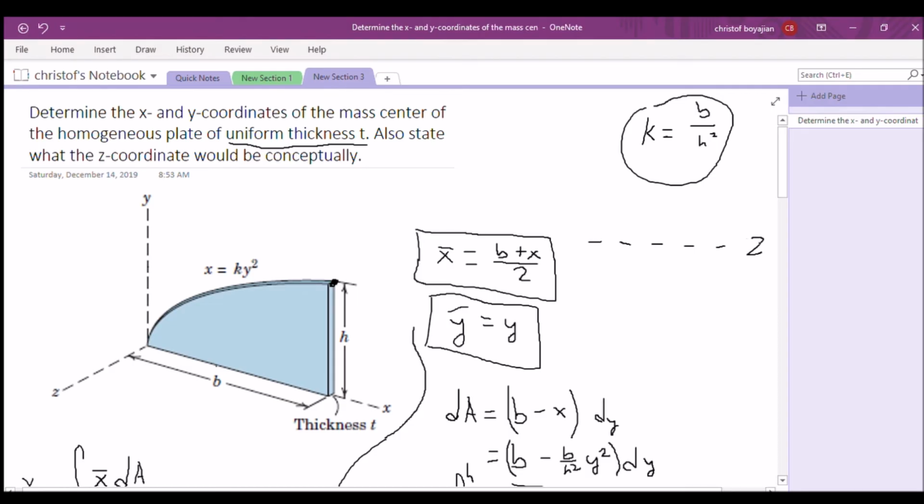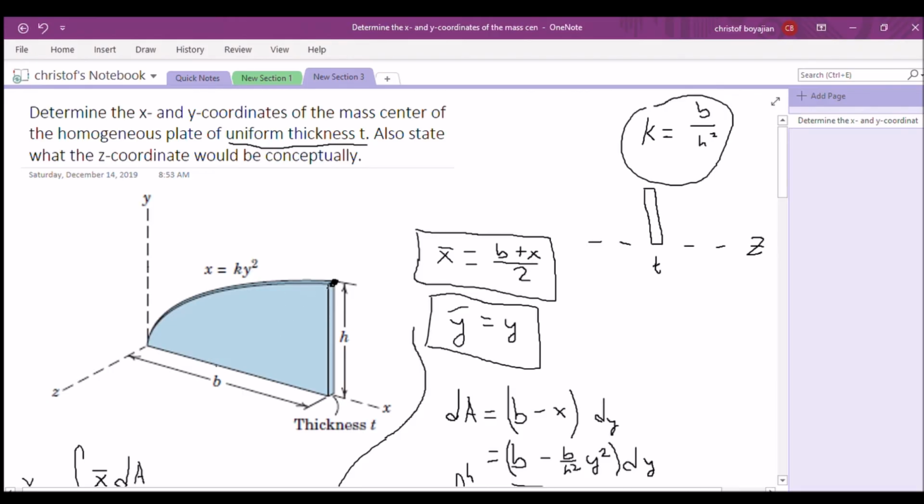That way you can ignore this curve right here that we've been dealing with for our centroid. And why is it safe for us to say that we can ignore that and we can just look at our thickness t? Pretend this is our thickness t. Well, because it's a uniform thickness.